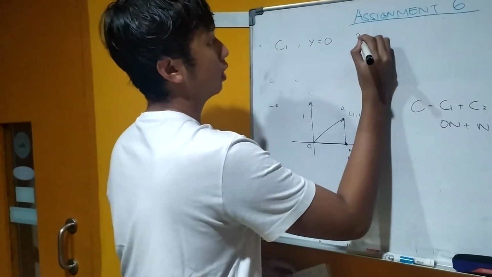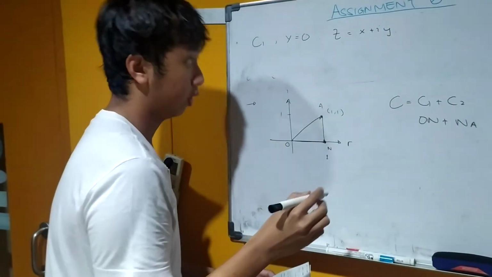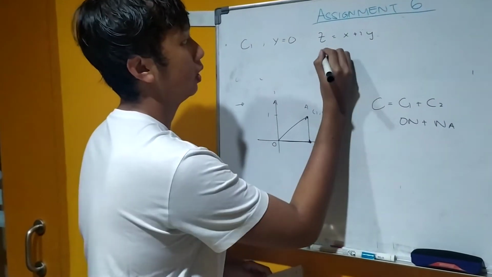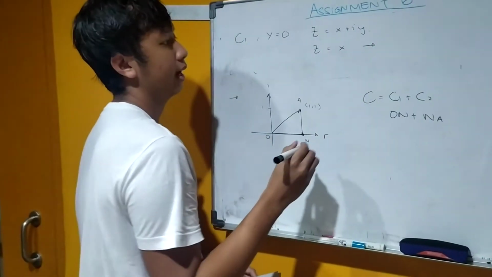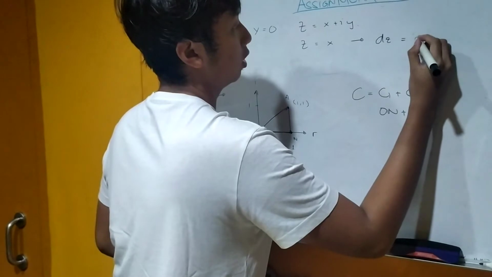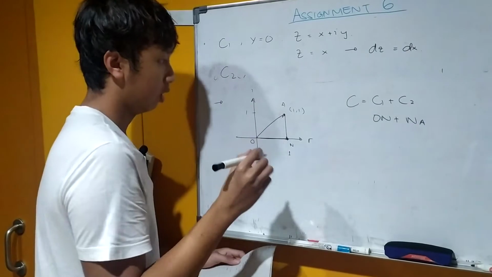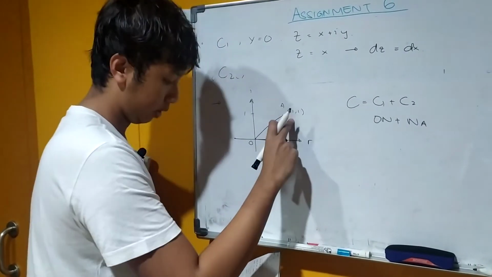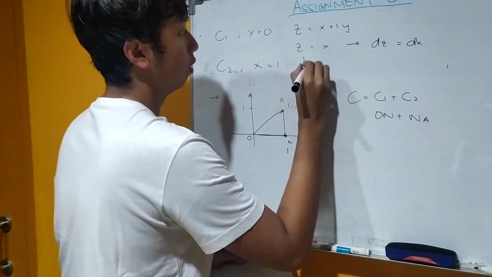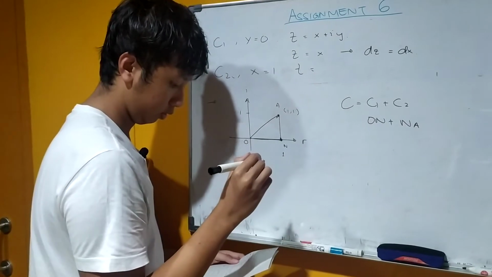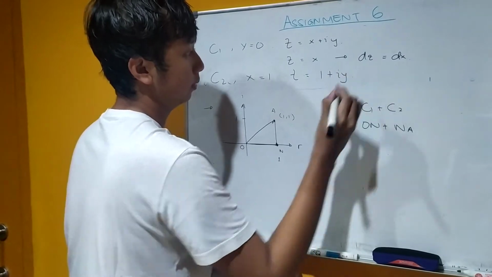So we plug into the equation z equals x plus iy, with y equals 0, which gives only x. So we want to find dz; dz will be equal to dx. Then for contour 2, the line from N to A, x will be 1, therefore we plug in again, which becomes 1 plus iy.